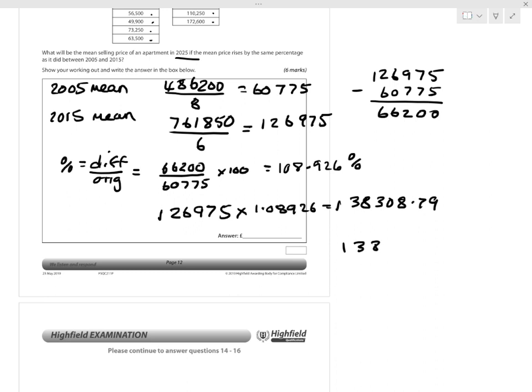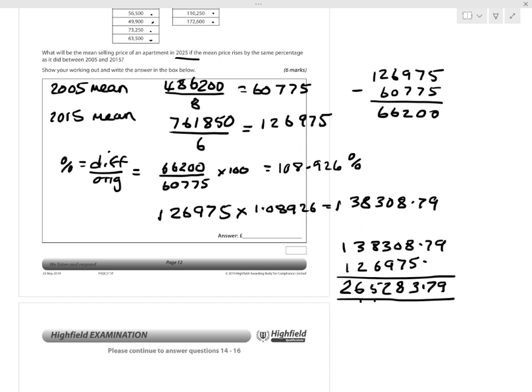So 138,308.79 plus 126,975. There. £265,283, or very nearly.